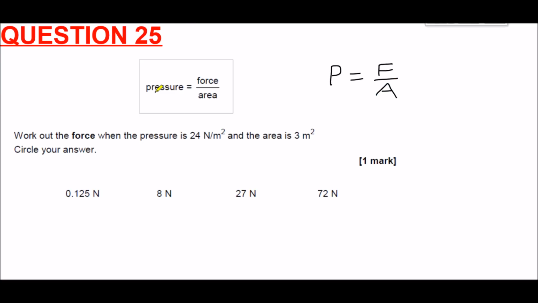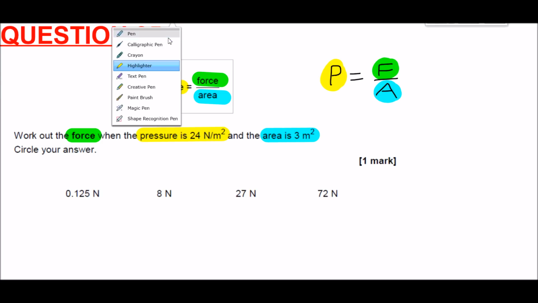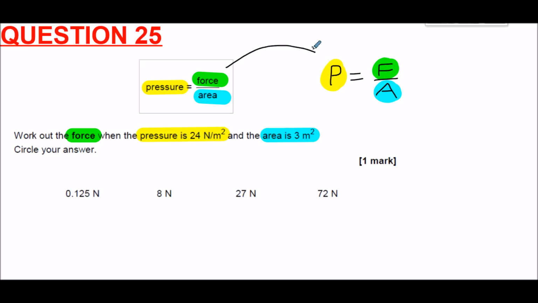So what I've done is I've just called pressure P, force F, and the area through which the force is acting I've called A. And so what we're wanting to work out is the force when the pressure is 24 newtons per square metre, that's 24 pascals, and the area is 3 square metres. And so I've just rewritten this equation as so.